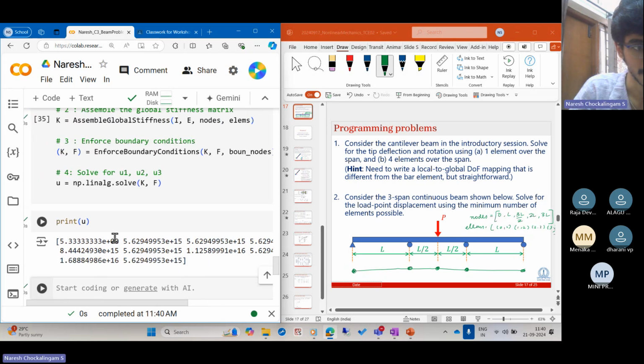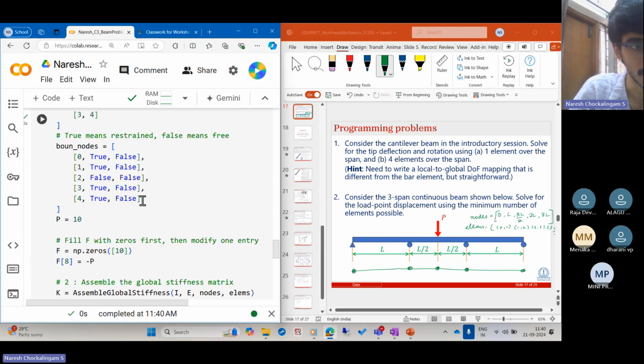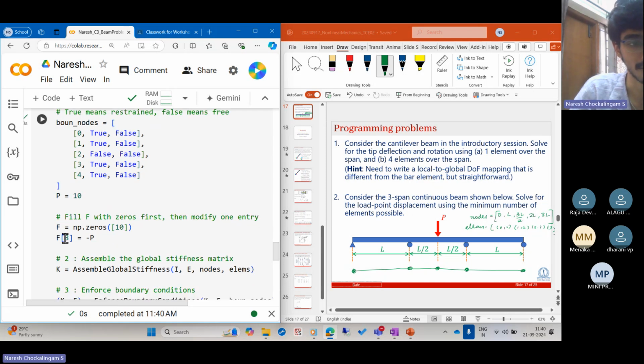There is some 10 power 15 coming in. Oh, F is wrong. Where are we applying F?